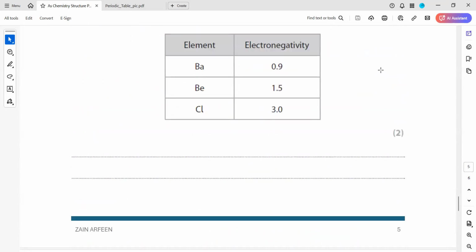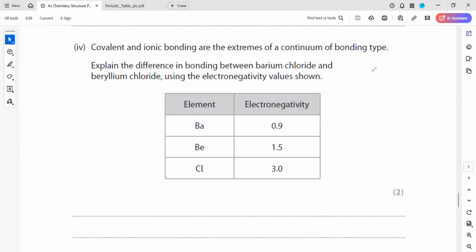Covalent and ionic bonding are extremes of the continuum of bonding type. Explain the difference in the bonding between barium chloride and beryllium chloride. So the electronegativity is given.